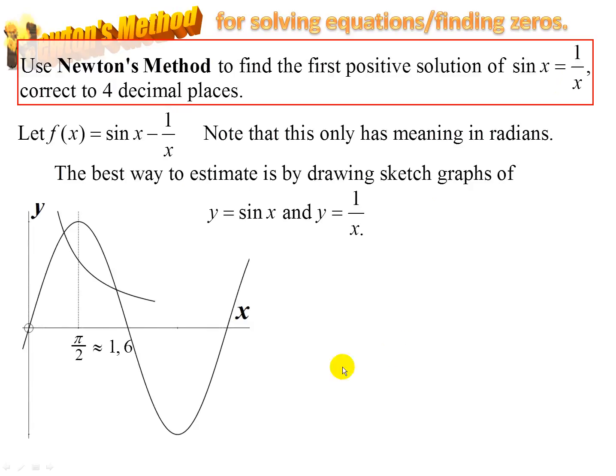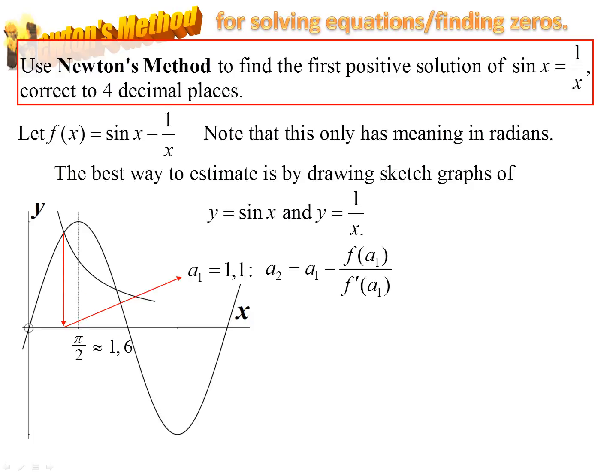Notice it's in radians. Pi by 2, the equivalent of 90 degrees. There, this cuts a bit below. Pi by 2, if you use your calculator, is about 1.6. So I'm going to say that that's about 1.1. So I'm now going to use 1.1 as my approximation.